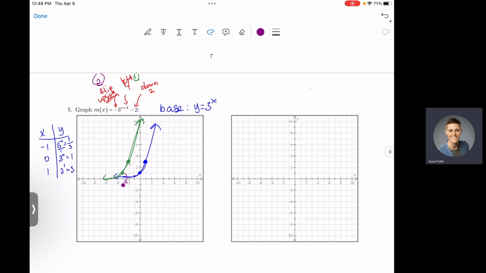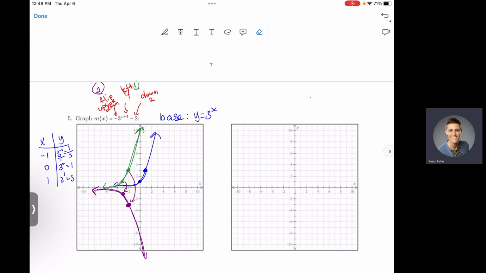That's going to go to (-2, -3). And then this is going to flip upside down, so my function is going to look like this, upside down. Okay, so now I've flipped this thing upside down.